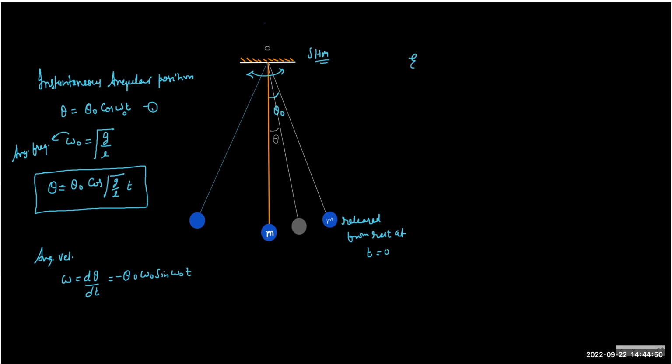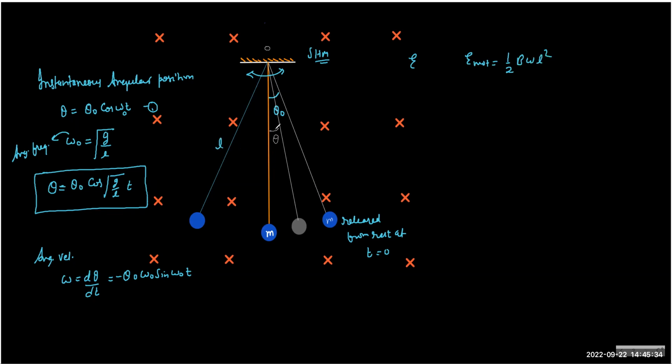So if I set up this entire thing in a transverse magnetic field, then the induced EMF we can directly write as half B omega L square.